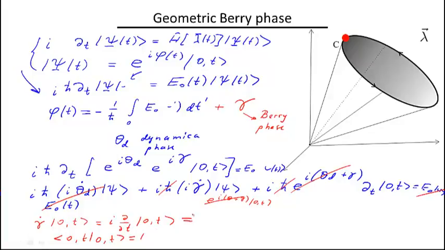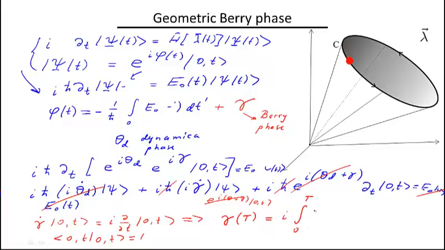So therefore, we can write this Berry phase gamma at the time t as an integral from 0 to capital T. This is the time that it takes the system to return to the original Hamiltonian.